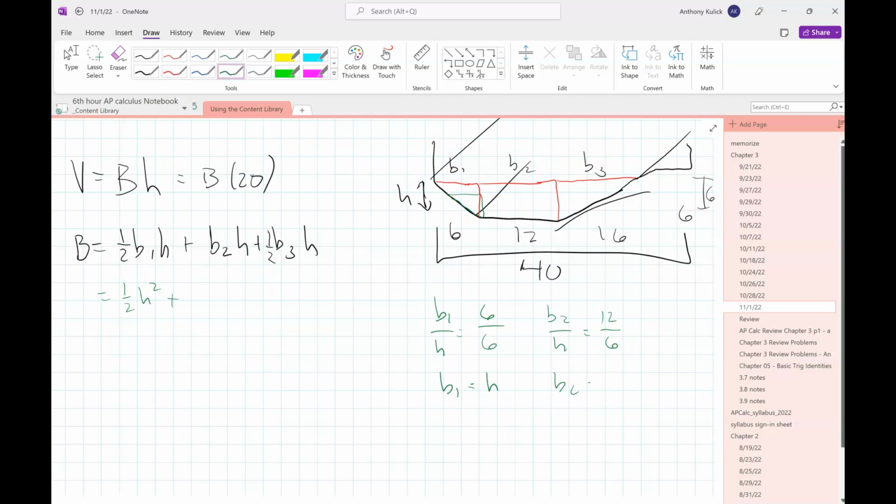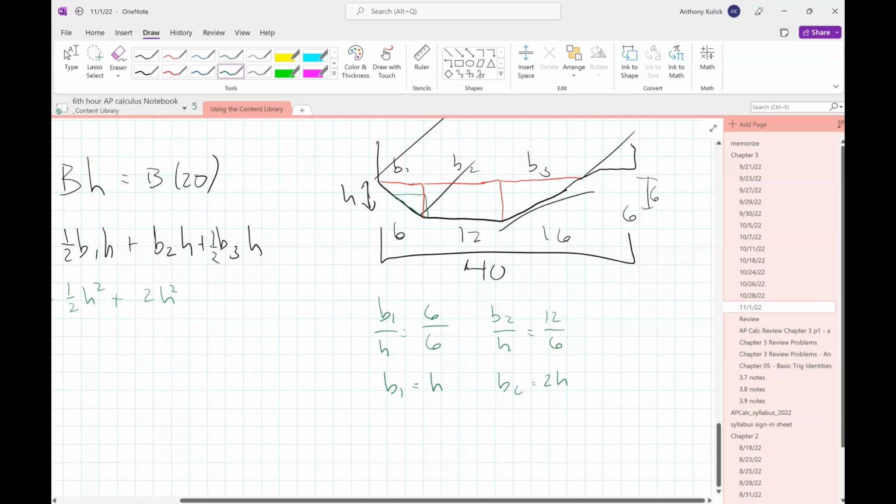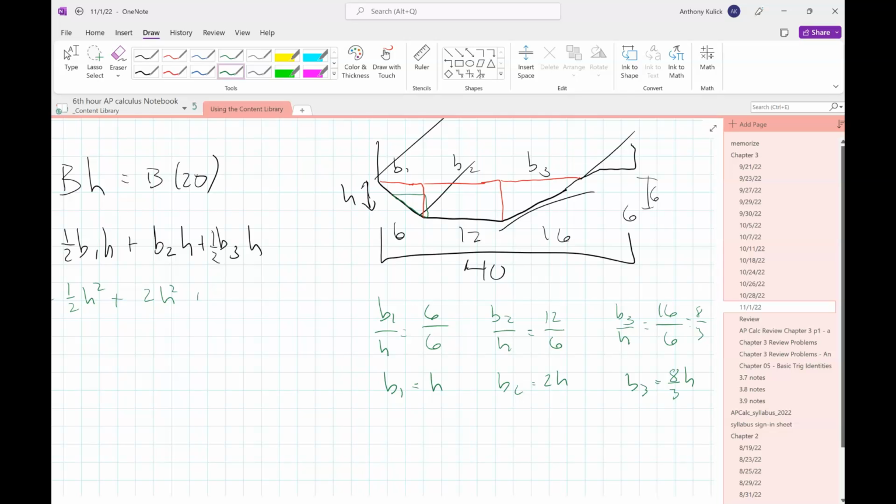So there B2 is going to equal 2H. So I have 2H squared. And in the third spot, I'm going to say B3 over H is going to equal 16 over 6, which is 8/3. So B3 is equal to 8/3 H. So that's going to give me, when I do the 1/2, I'll get 4/3 H squared.